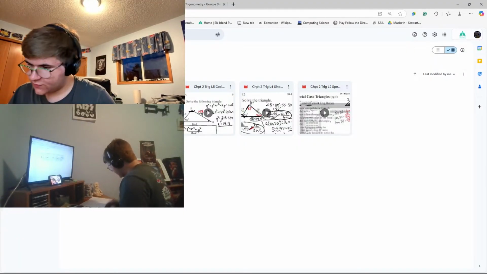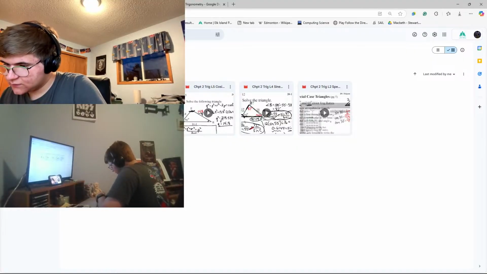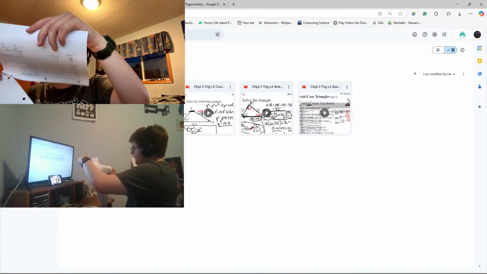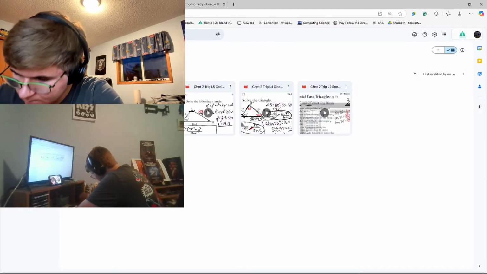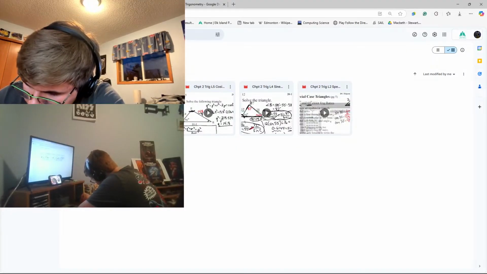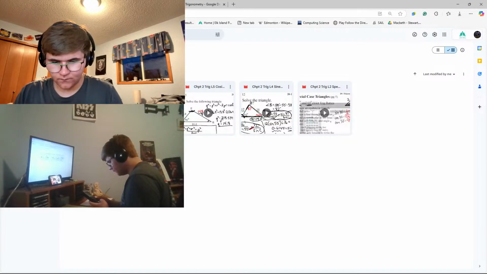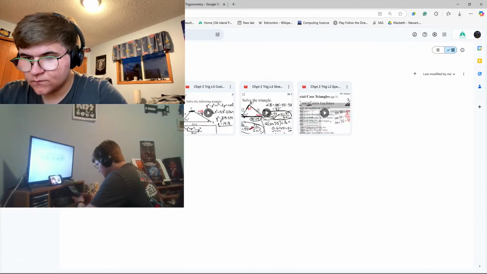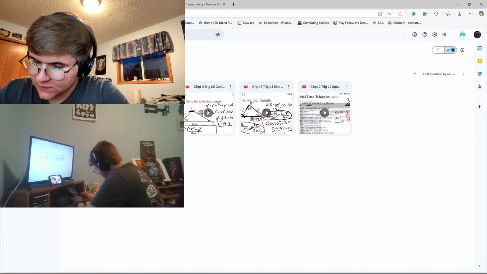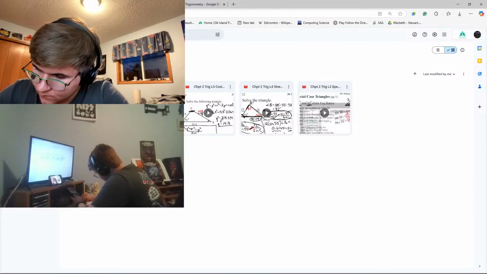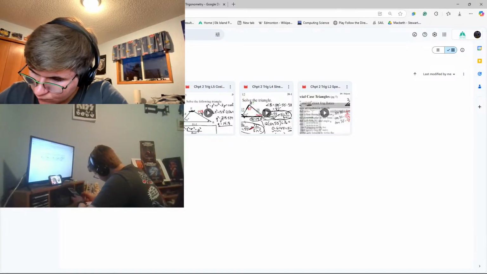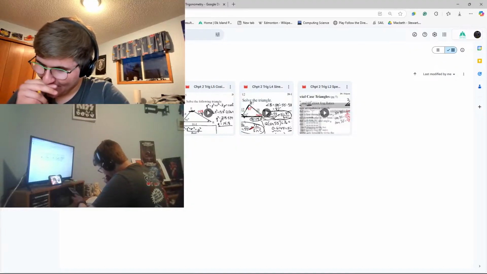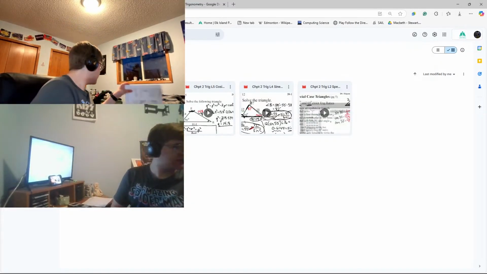So, some of the quadrant angles. Okay. Okay. D16. I have the formula sheet right here.